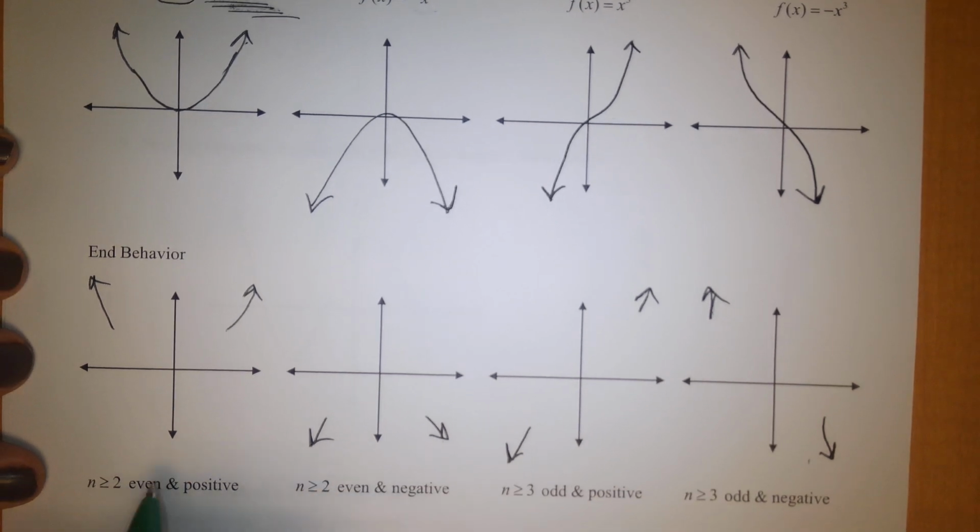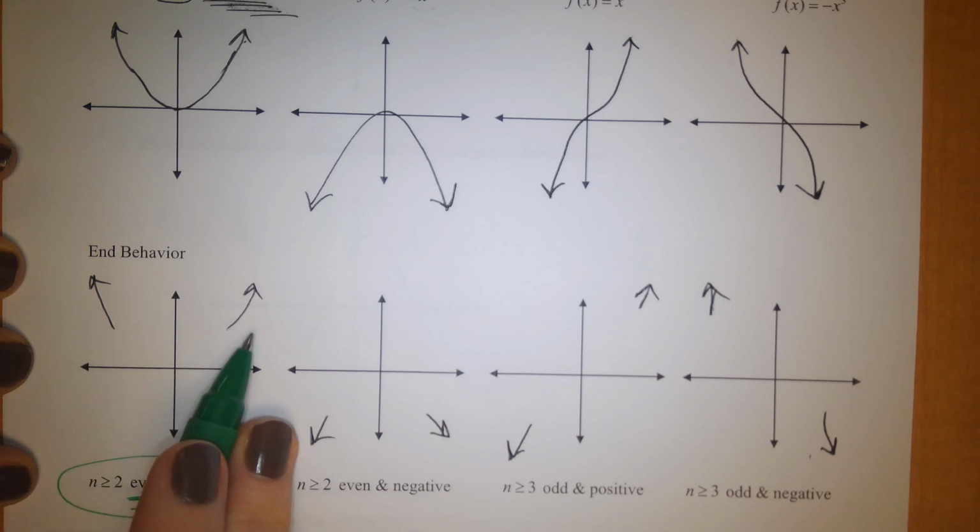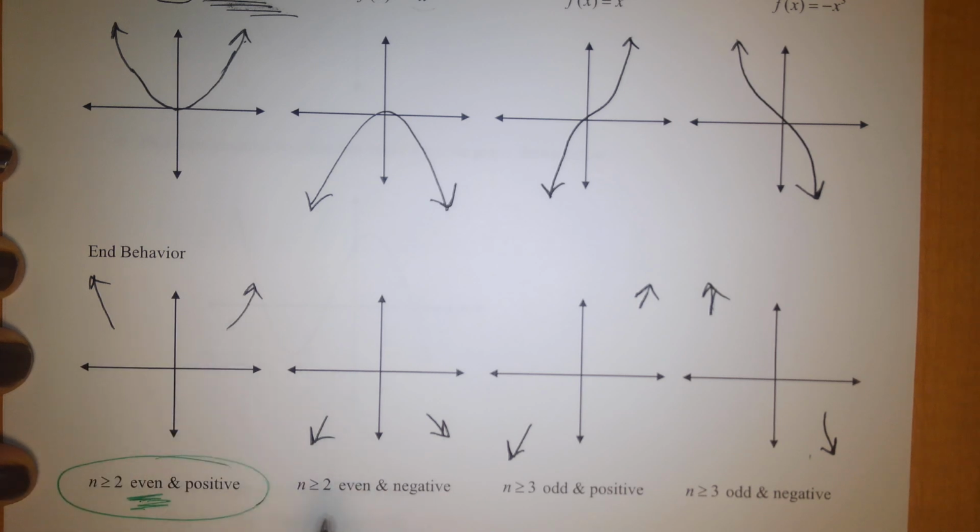So the end behavior of any even positive function will have the up, up end behavior. For any even, if it's x to the 4th, x to the 6th, x to the 12th, it will have an up, up behavior. Any n that is even, but there's a negative out in front, will always have a down, down behavior.